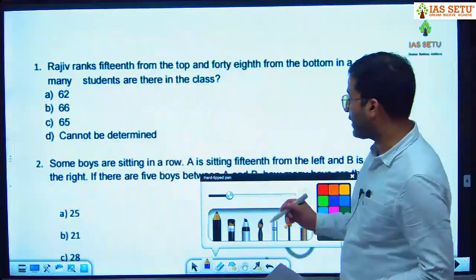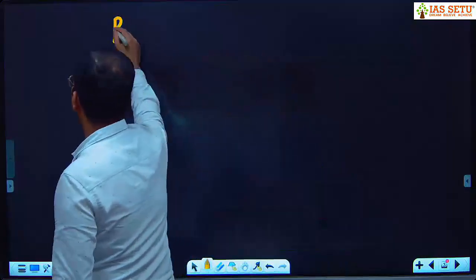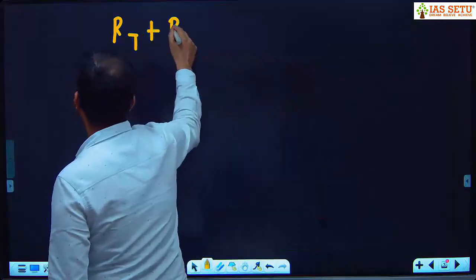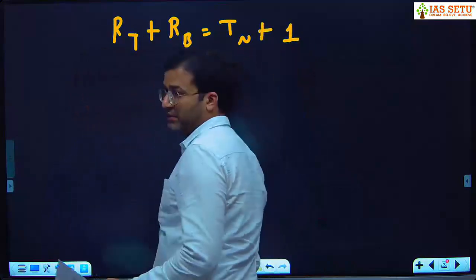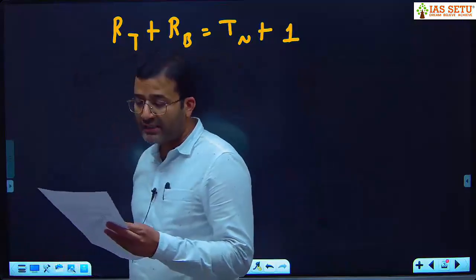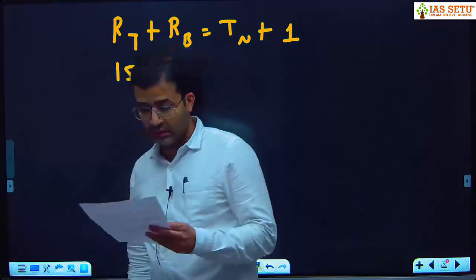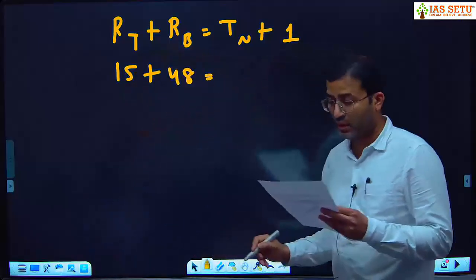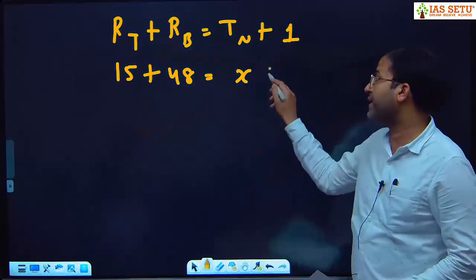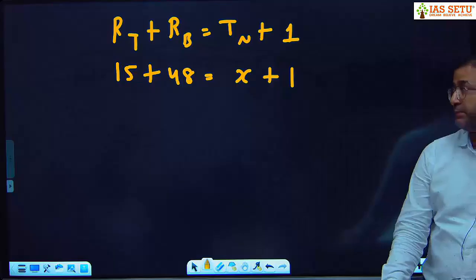So here, ranking from top plus ranking from bottom is equal to total number plus 1. Rajiv ranked 15 from the top and 48 from the bottom. Total number we take x, plus 1. We have to solve for x.